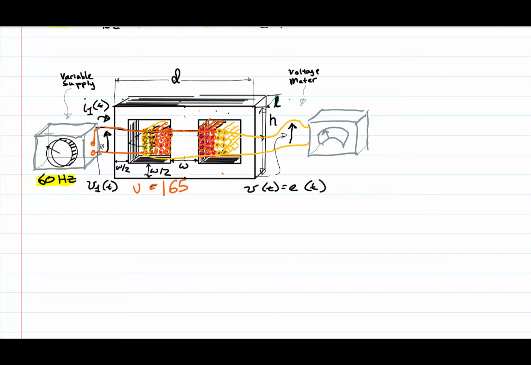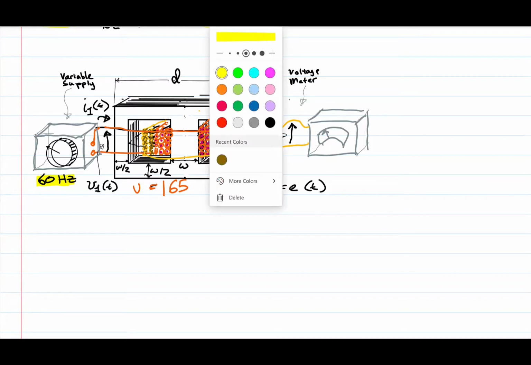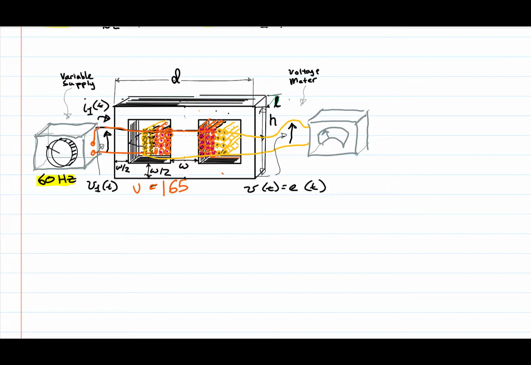Let's take a look at this open circuit test from a little different perspective now. First of all, notice that what I've got here is a different core structure than what we have been talking about. This is called an EI core structure. It's the most common core structure that is used in the building of single-phase transformers.